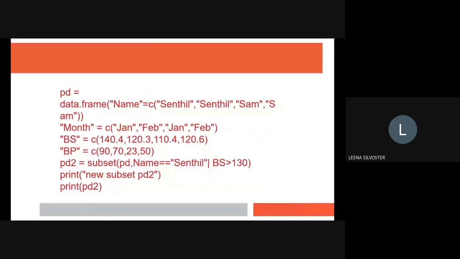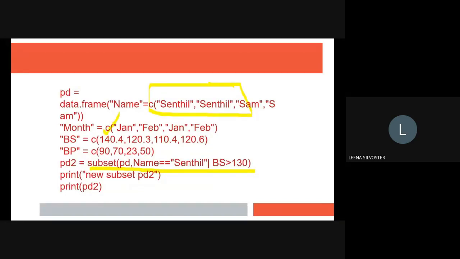Can you tell the output of this code? So actually we need to extract the name as Senthil or blood sugar greater than 130. How many names are there with name Senthil? 2 names, Senthil, Senthil. So blood sugar greater than 130, how many values are there? Only one value is greater than 130.